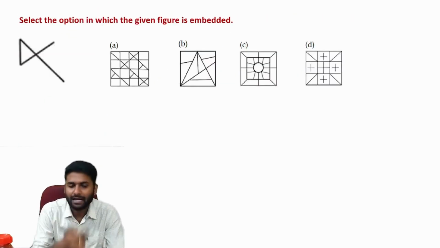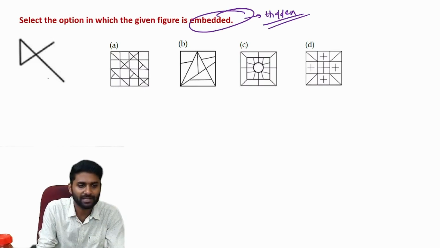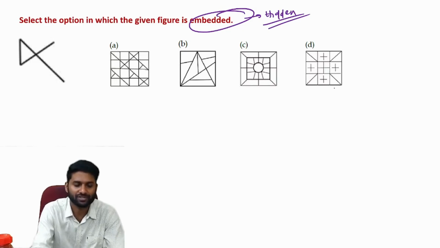Next, embedded figures. You can expect a definite question where you can see this particular shape in one of these four pictures.